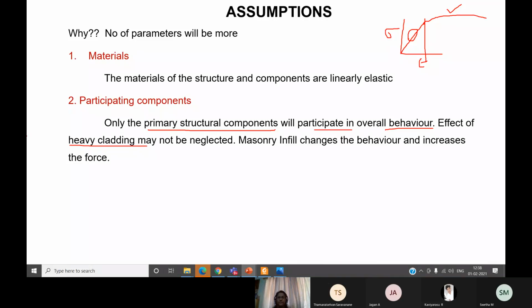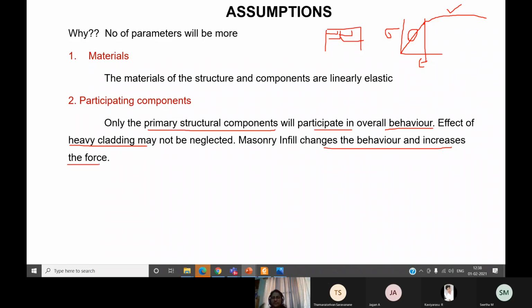Similarly, you do a masonry infill. Whenever you do an analysis of the structure, you usually take only the frame alone. Suppose this is the frame that we consider; you analyze this portal frame separately, and you don't consider the masonry infill that is there in this structure. But the masonry infill changes the behavior and increases the force.